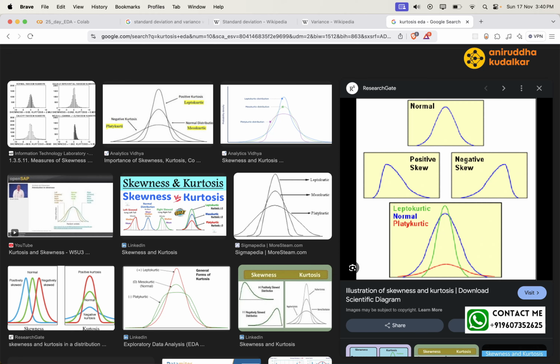Positive kurtosis means a sharper peak, and the flatter one is the other case.